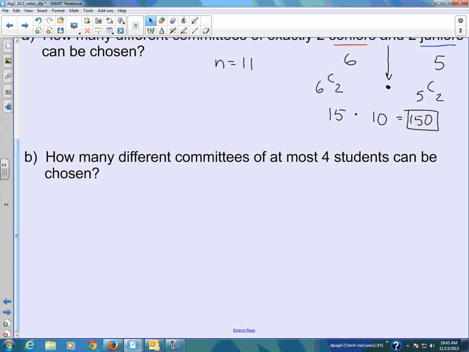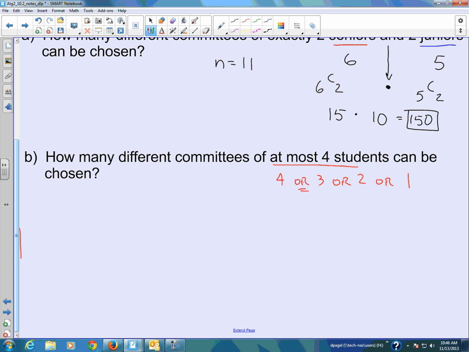So in this case, we have possibilities of 4 or 3 or 2 or 1. So we're talking ORs here. This would mean we're going to add all of these combinations up.